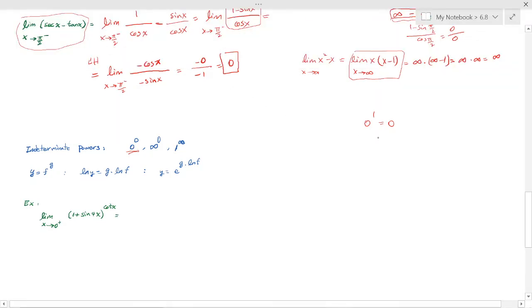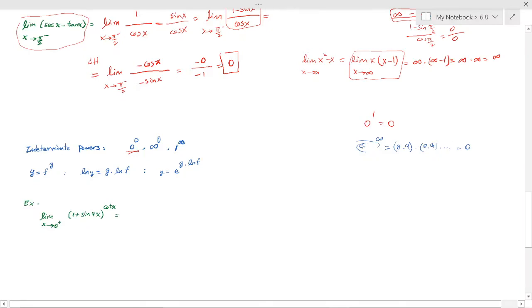Why is 1 to the power infinity indeterminate? Because sometimes you have something like 0.9 to the power infinity, which means 0.9 multiplied by itself over and over, 0.9 times 0.9 and so on. The more you multiply a number between 0 and 1 by itself, the smaller it gets, and it will approach 0.